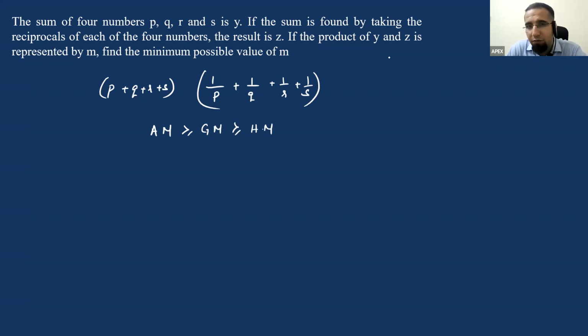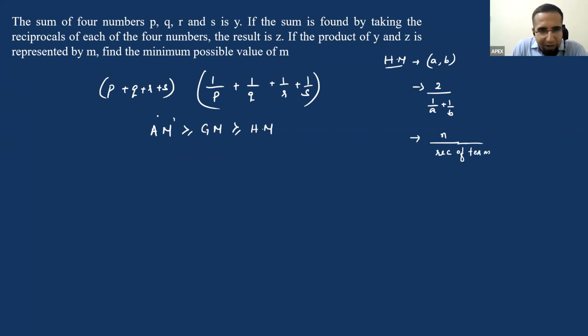Now, what is harmonic mean of two terms? If I talk about harmonic mean of A comma B, then it will be 2 divided by 1 by A plus 1 by B, or which is n divided by the reciprocals of the terms.